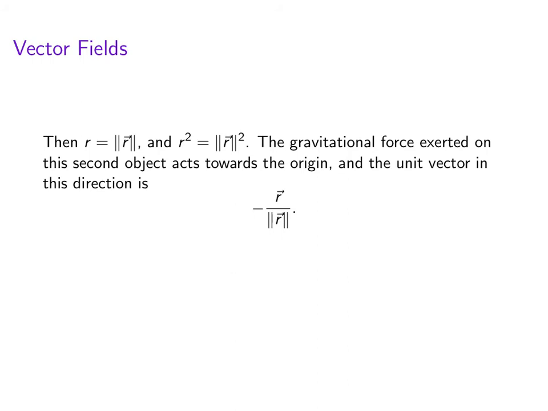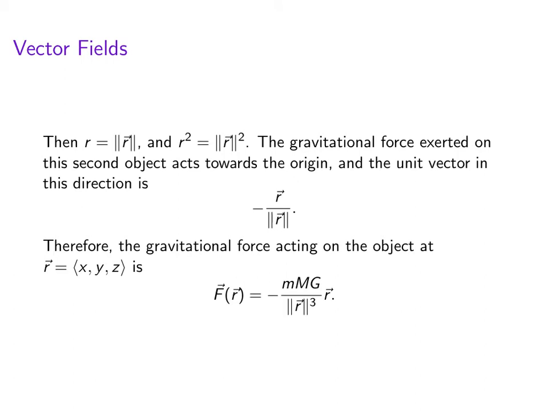So the gravitational force that's exerted on the second object acts towards the origin, because that's where the center of mass is. And if we make a unit vector in this direction, it'll look like this: r over the length of r, but we have to make it negative, because we're pointing towards the origin, not away from it.